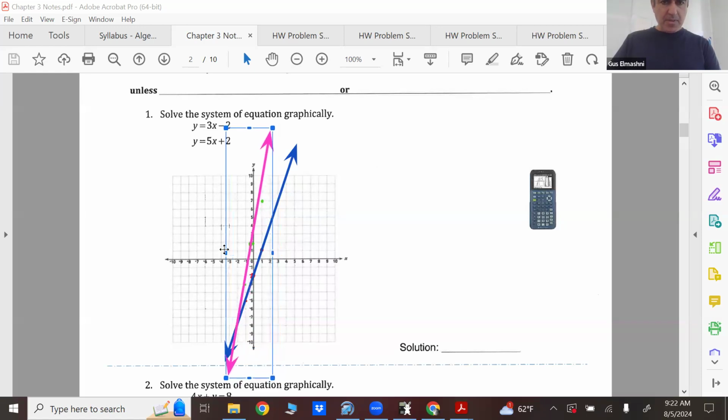Then make an adjustment. Okay, it's kind of hard to tell. This is why this is not the best technique. It's kind of hard to tell, but where do you guys think it's touching? If you had to guess.